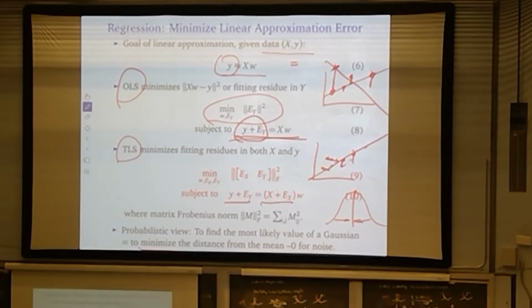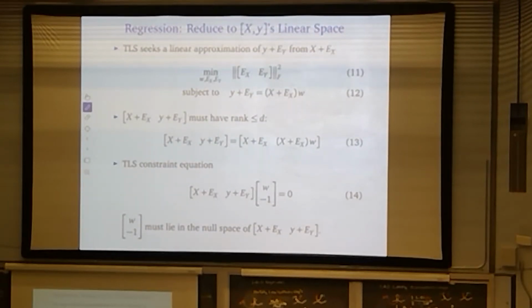Here, I'm just minimizing the distance to the mean. And the mean, because this is error, the mean of this noise, the noise is 0. So TLS seeks a linear approximation. After I made the adjustment, they are linear relationship. Okay?